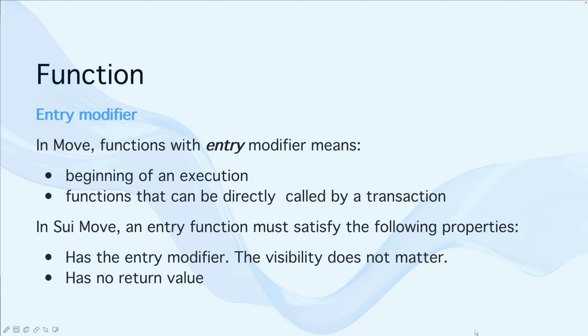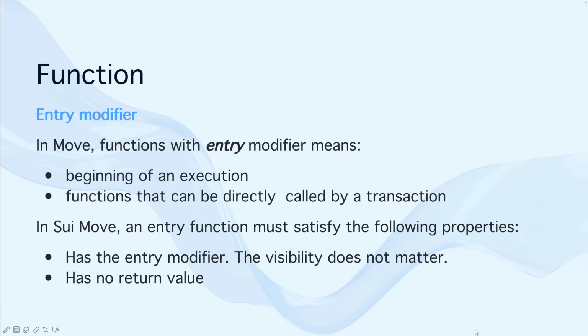Essentially, entry functions are the main functions of a module, and they specify where Move programs start executing. Note though, an entry function can still be called by other Move functions. So while they can serve as the start of a Move program, they aren't restricted to that case.